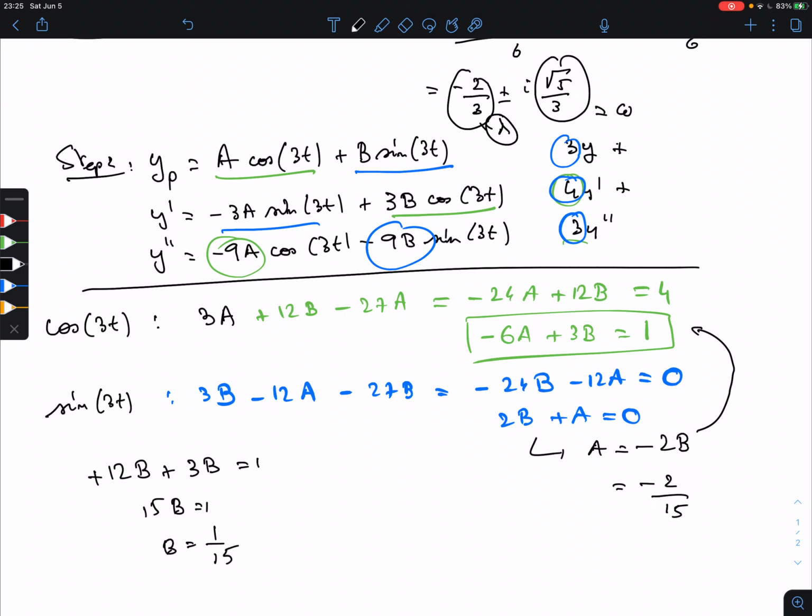So our particular solution, or the steady state as they call it, would be a, just minus 2 over 15, and that was for the cosine 3t, plus 1 over 15 sine 3t. And if you want to write down the full solution, we have to combine it with the homogeneous solution.